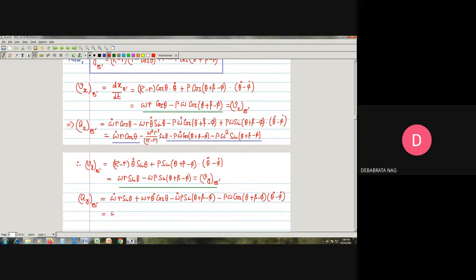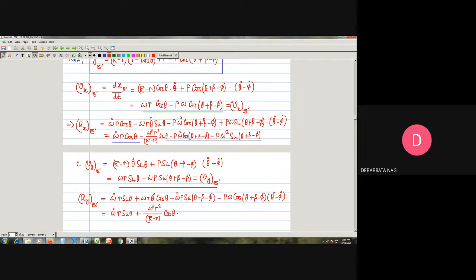I have omega dot r sine theta, and again you remember that theta dot is equal to omega small r by capital R minus small r. So we can put it here. This will be omega square r square by capital R minus small r into cos theta.